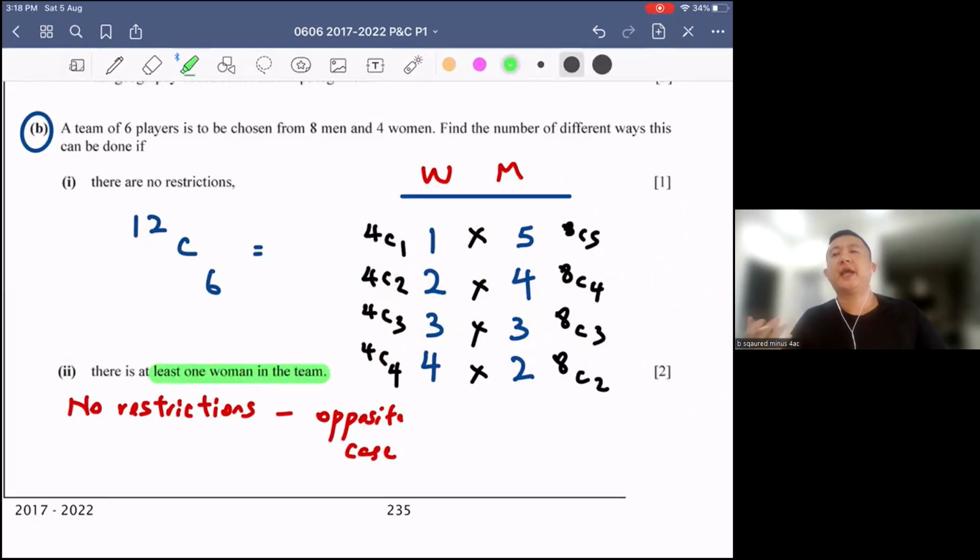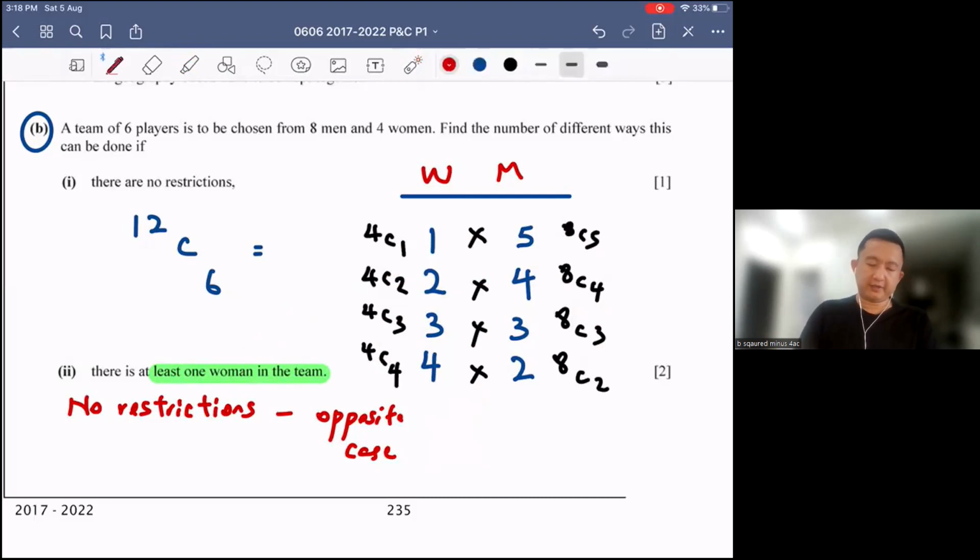What is the opposite case of not having at least 1 woman in the team? I'm not talking about the impossible case. I'm talking about the opposite case. Because the impossible case will be 5 women. Not possible, right? So not this one. Something that is possible, it's just that it does not fall into this criteria of at least 1 woman. What is the case? Think about it. At least 1. So the opposite case is 0 woman.